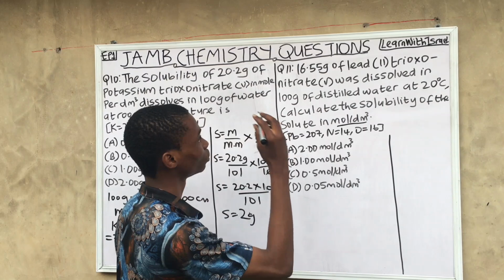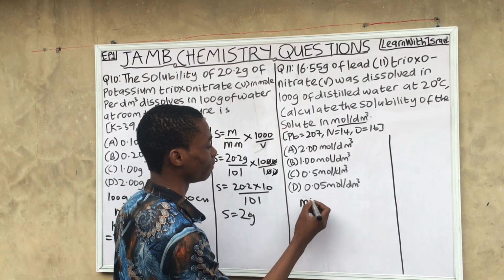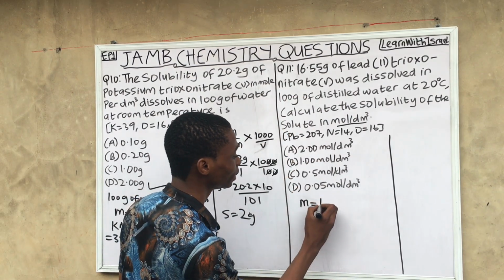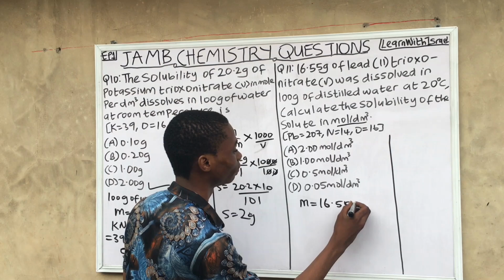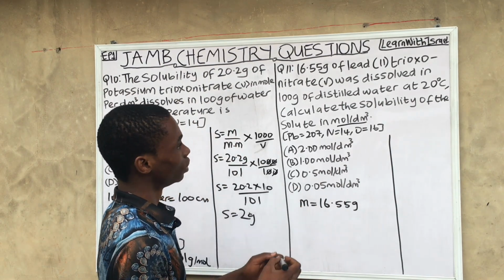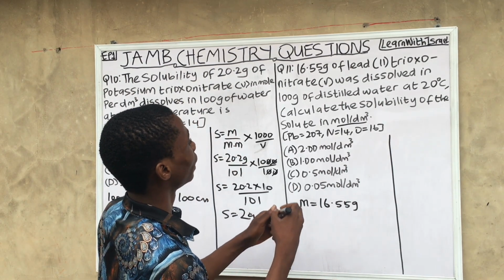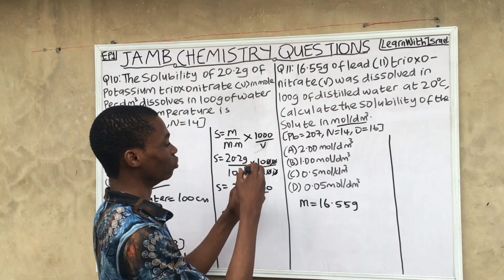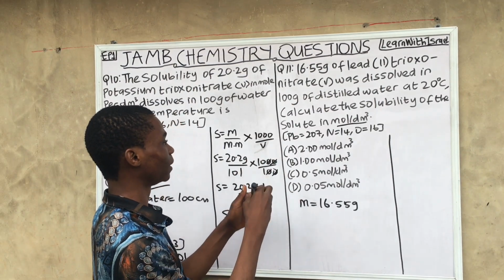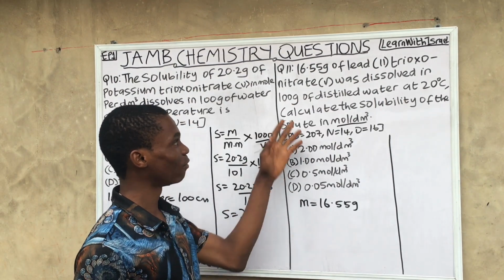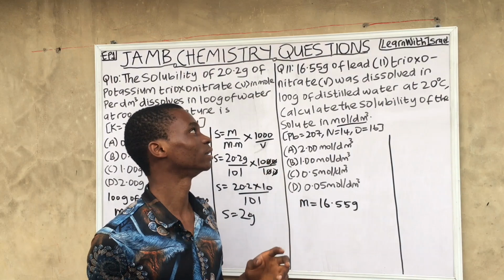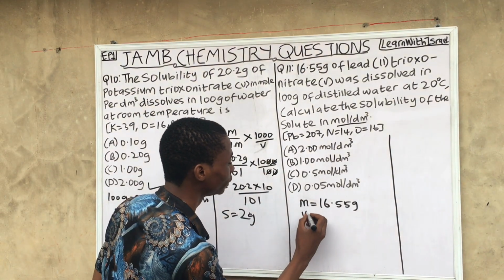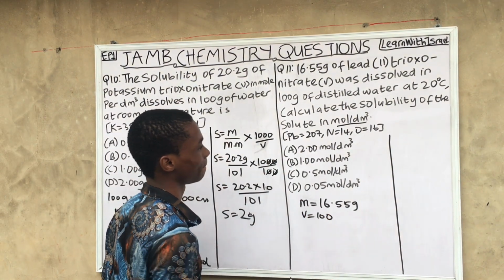The first thing to do is to know our mass. The mass of the solute equals 16.55 grams. And our volume: I already explained the other time that 100 grams of water also equals 100 centimeter cube. So our volume is 100 centimeter cube.